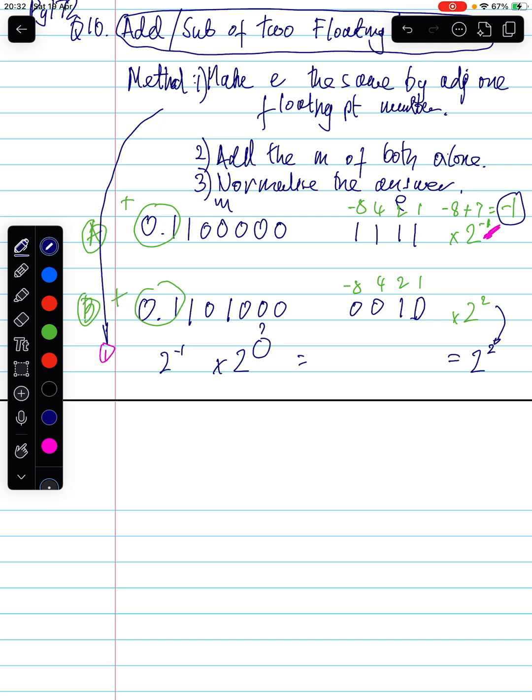This is going to be our adjustment for this number to bring it to this exponent. So we're going to denormalize it, if you like, so that we can then add it up.